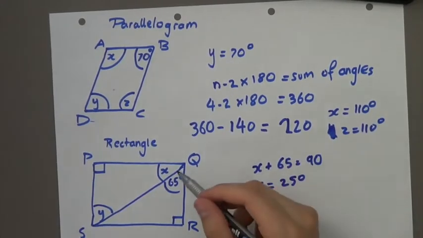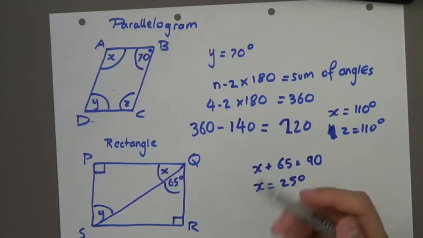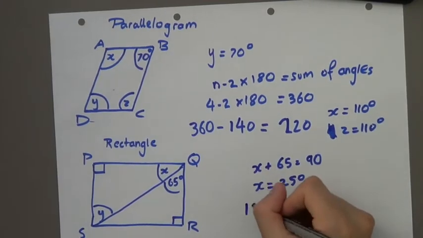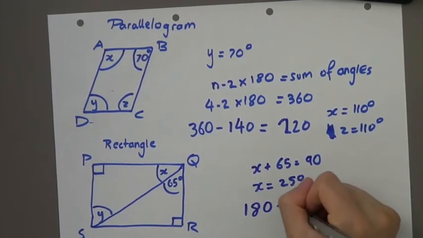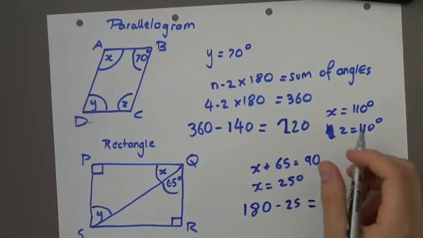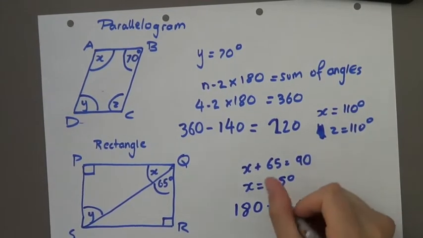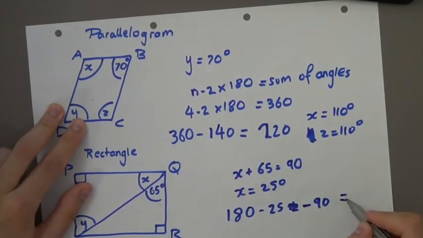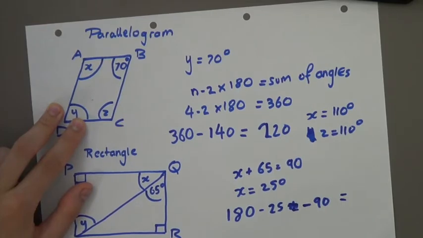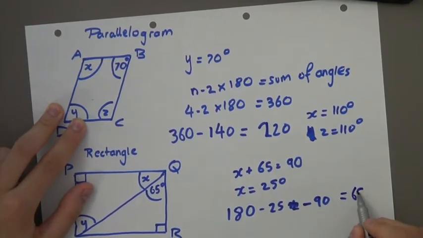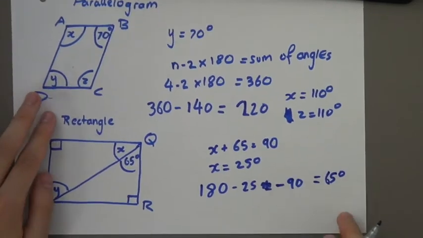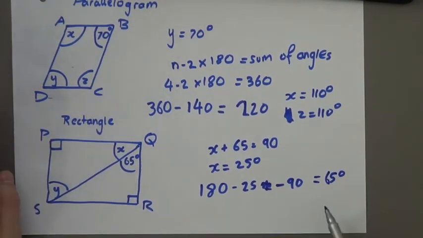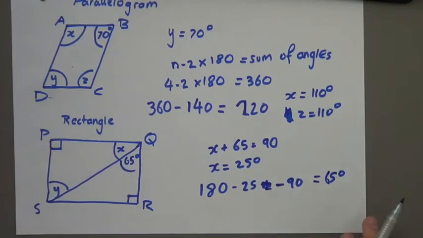And x and y have to equal 180 minus 90, because of this right angle, so 90 minus 25, which on a calculator equals 65 degrees. So we've worked out x and y on that example.